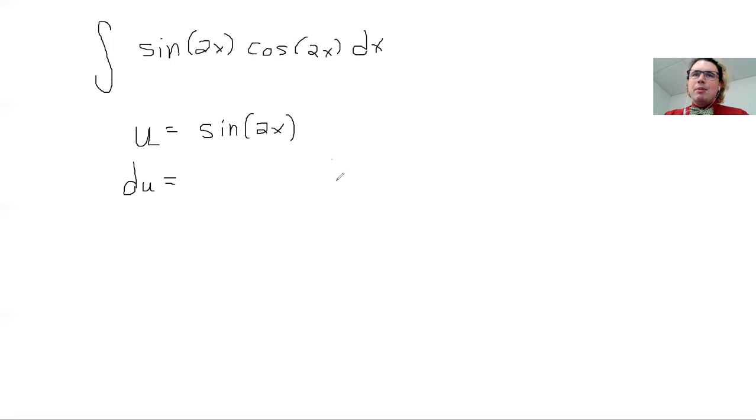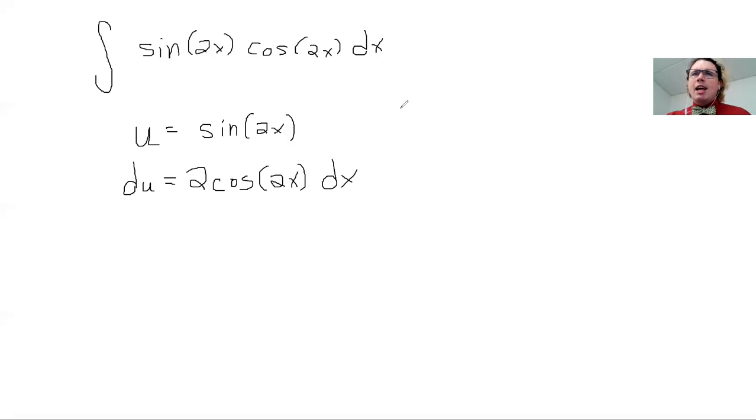But it's not going to be exactly equal to the change in u. It'll be modified by this conversion factor. So I have to calculate what is the derivative of sine of 2x. It's 2 times the cosine of 2x.